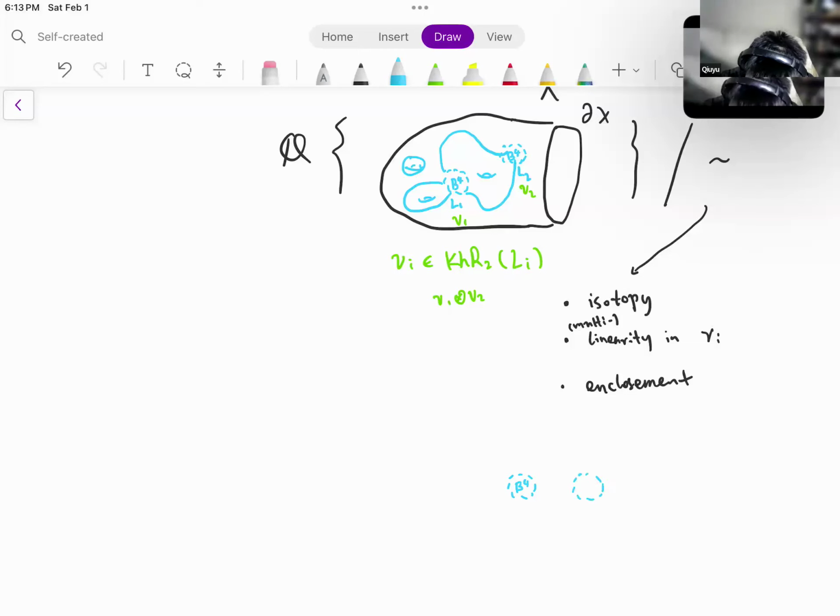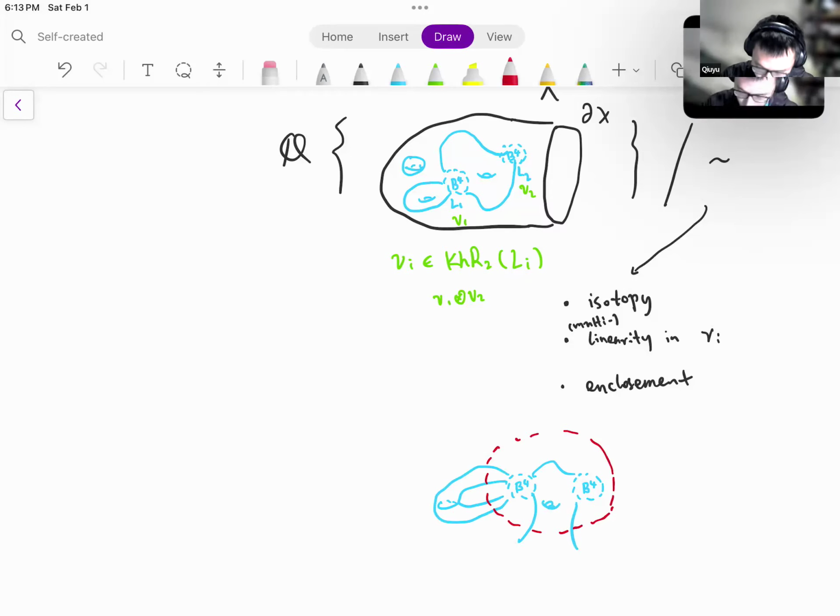If in some local picture I see a number of small balls and a part of my skein, say like this, and suppose that I can enclose a certain local picture by a slightly larger ball, then I'm allowed to just delete everything inside this larger ball and declare that my previous element given by this skein is equivalent to the later element where I delete everything inside.